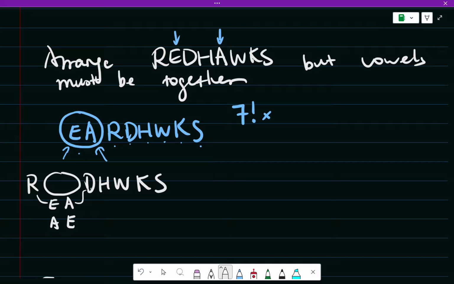So the first one is R, E, A, D, H, W, K, S, and the second one is R, A, E, D, H, W, K, S. So we actually have 2 possibilities within that bundle. So in fact, we will have 7 factorial times 2. This will be our final answer. And you can definitely use your calculator or go online and find the numerical value of this expression. But this is how we approach bundle questions, this kind of typical condition that's usually tested.